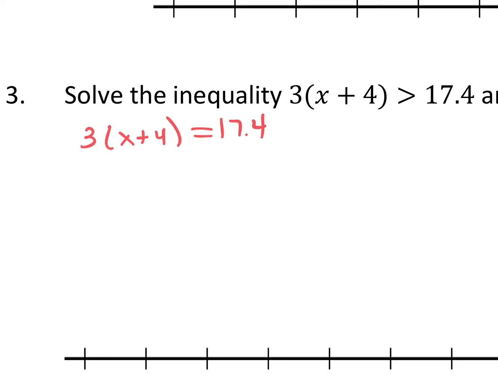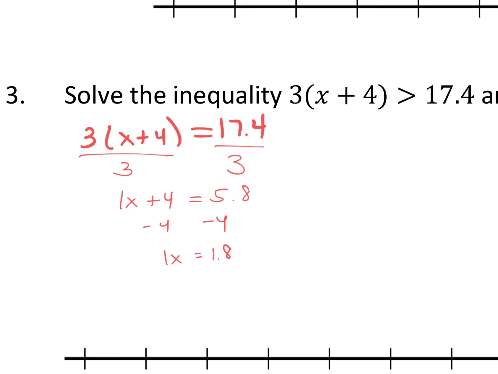Now, remember, whenever we have grouping symbols, the first step is always going to be multiply or divide. I'm just going to stick with division, so I'm going to divide both sides by 3. So 17.4 divided by 3 is 5.8. So now I have 1x plus 4 is equal to 5.8. And then I'm going to subtract 4 from both sides. So I have 1x is equal to 1.8.